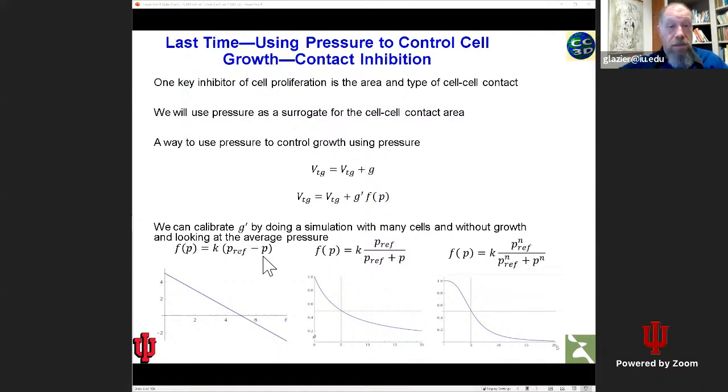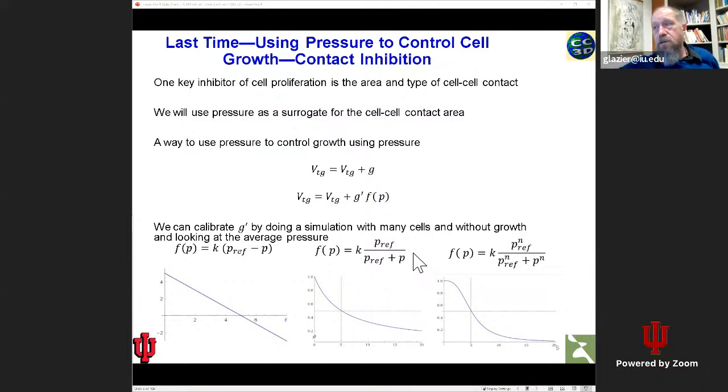And so there's a minus sign at issue. When you're using a functional form that looks like Pref over Pref plus P, or Pref over Pref minus P, you have the possibility that if P changes sign, the denominator could go to 0 and your growth rate could go to infinity.